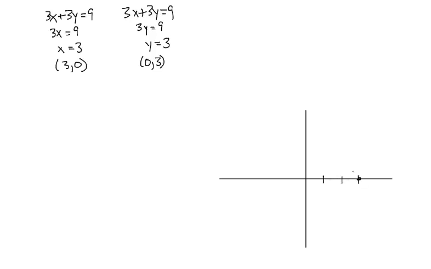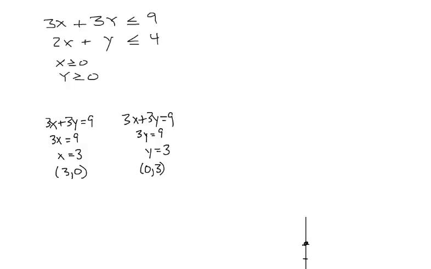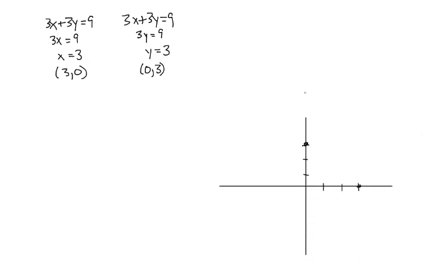So there's 3, 0 and 0, 3. And let's double check our inequality, and it's less than or equal to. So we're going to draw a solid line.